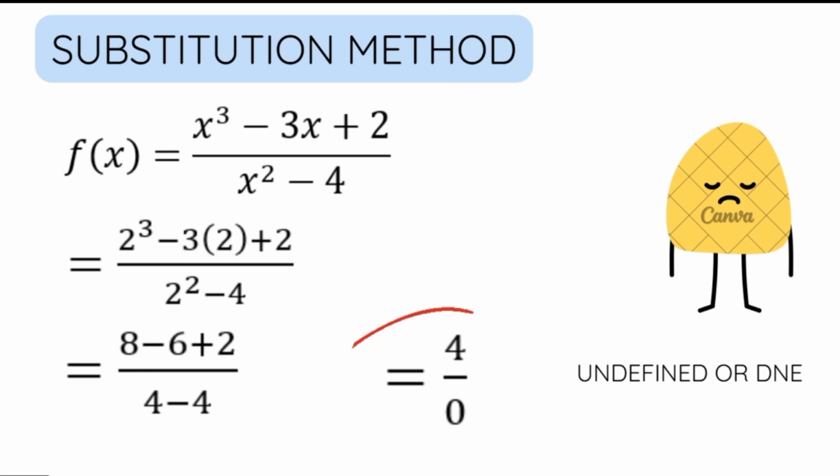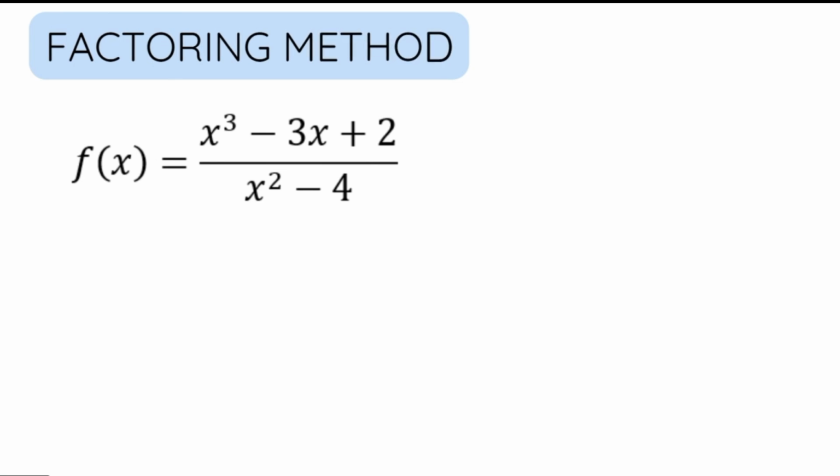Now let's tackle this problem like true engineers. When direct substitution fails, we often try factoring. Let's break it down. First, you must factor the numerator. The numerator is x cubed minus 3x plus 2. We know that x equals 2 makes the numerator 0, so x minus 2 must be a factor.